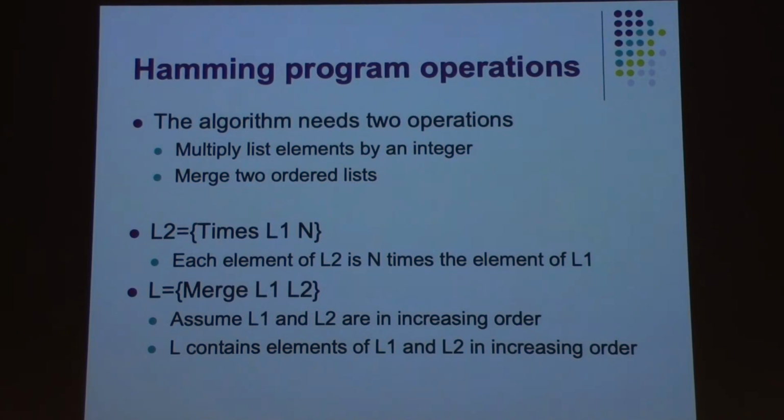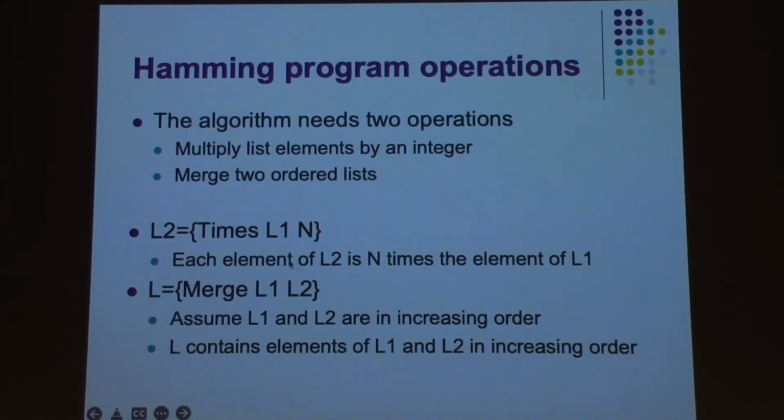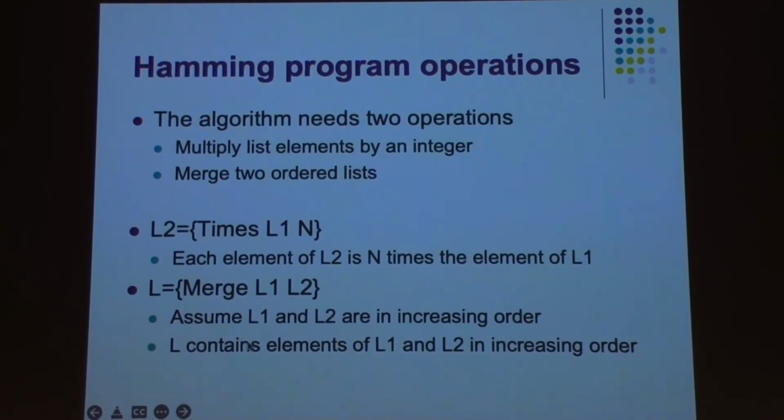We need then 2 operations. L2 is times L1 n: each element of L2 is n times the element of L1. We also need merge L1, L2. So we assume L1 and L2 are in increasing order, like here, and then we merge them. I'm assuming a merge of 2.